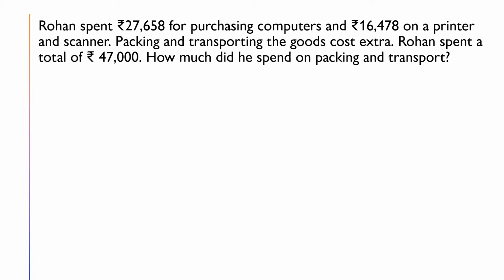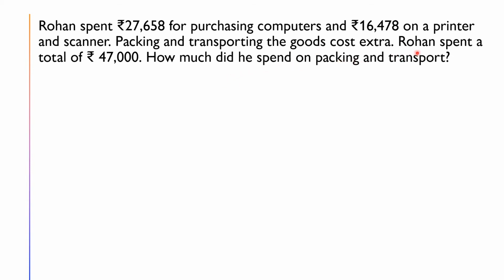So students, here in this word problem, Rohan has spent 27,658 for purchasing computers and rupees 16,478 on a printer and scanner. He had spent some amount for packing and transporting the goods that we have to find out.